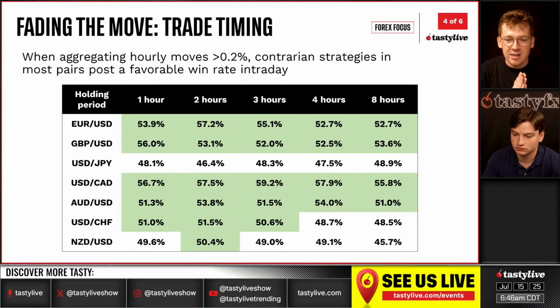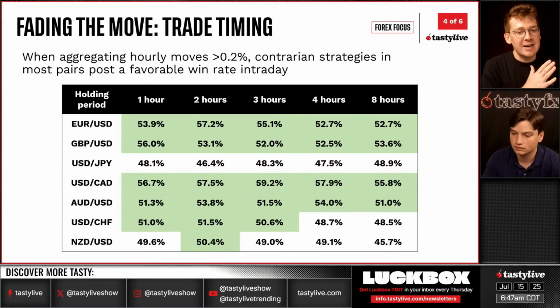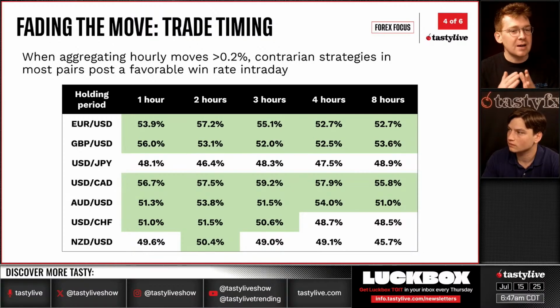The most interesting thing to me here is, of course, one, in the majority of these markets you're seeing more green than not, which is to say that in any of these time frames, in any of these markets, on average, the move has tended to be reversed at least a little bit, then it has tended to continue, in a lightning-strikes-twice kind of scenario.